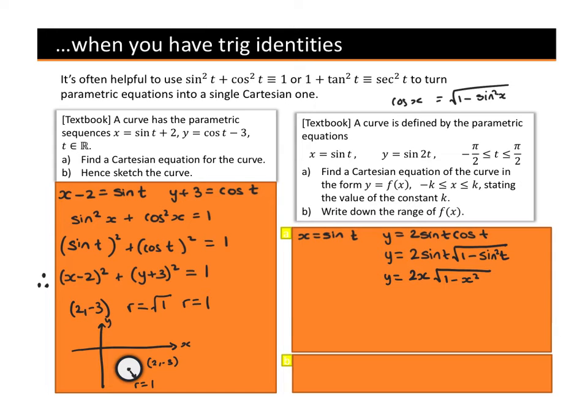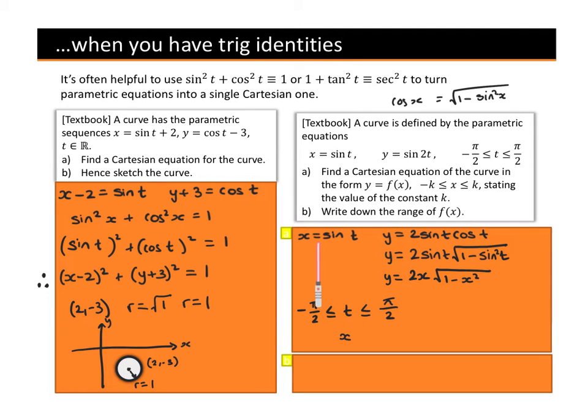It says we have to find the new domain, okay? So, we know that minus pi over 2 is less than or equal to t, which is less than or equal to pi over 2. Okay, we want this to be for x. What did we do to t to then make it equal to x?